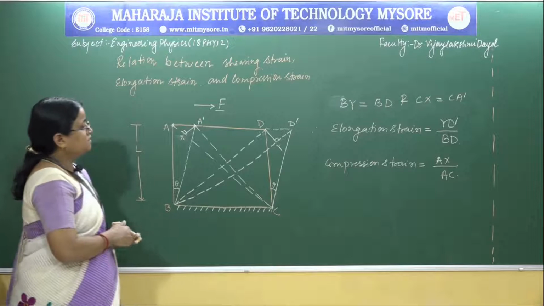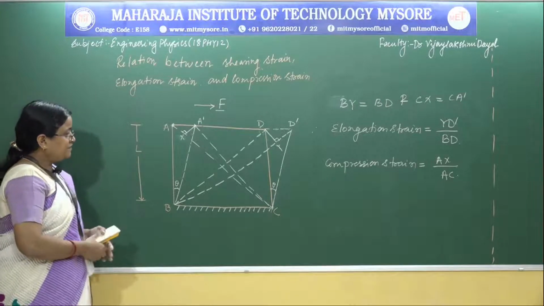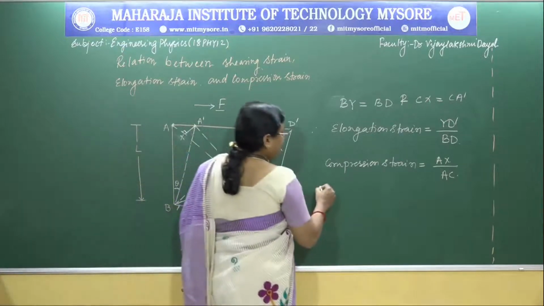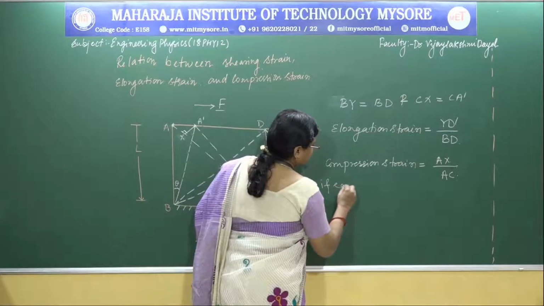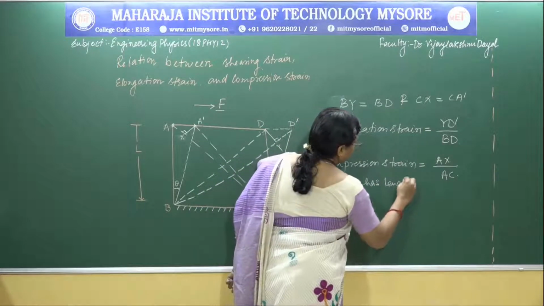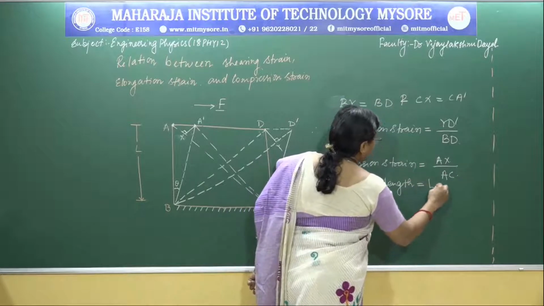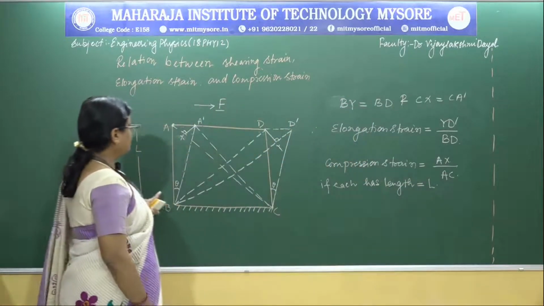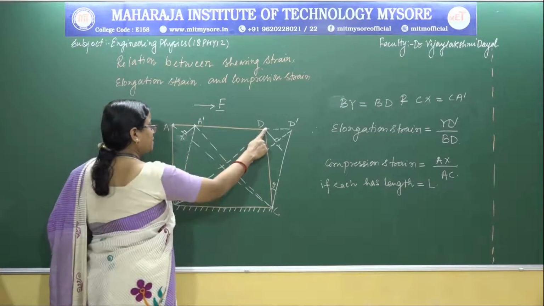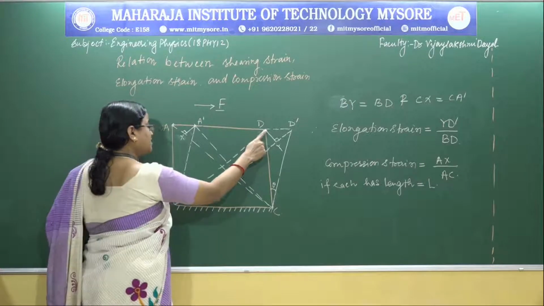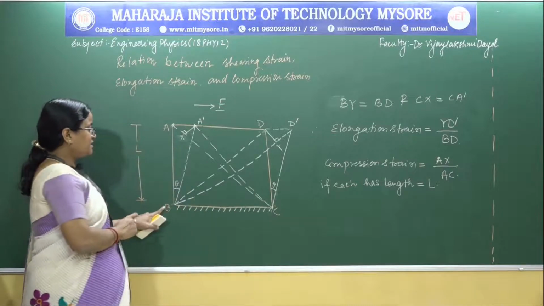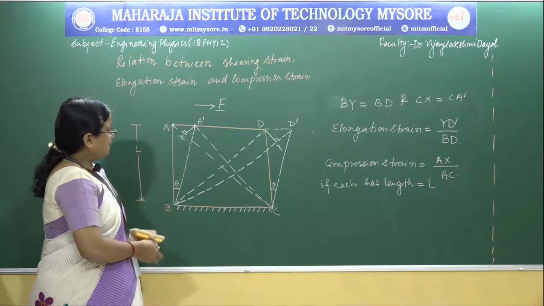Now our next step is to find the length of the diagonal. If each side has length L, which I have already said, then in triangle ABD or in triangle DBC, if we apply the Pythagoras theorem, we can find it out.